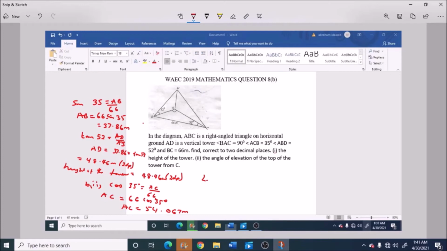This will give us 0.8962. So let's finalize everything here.